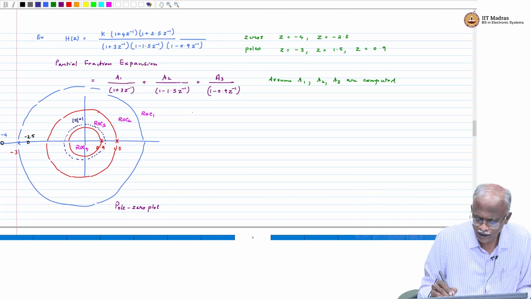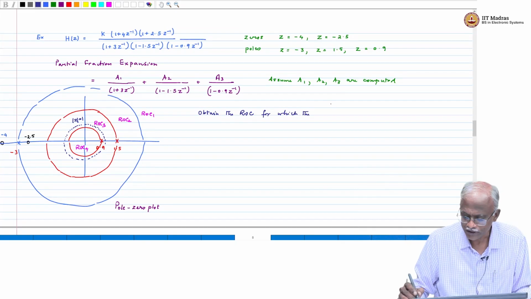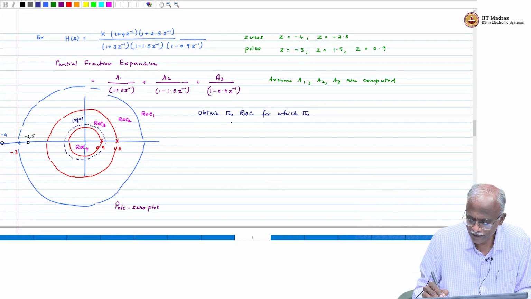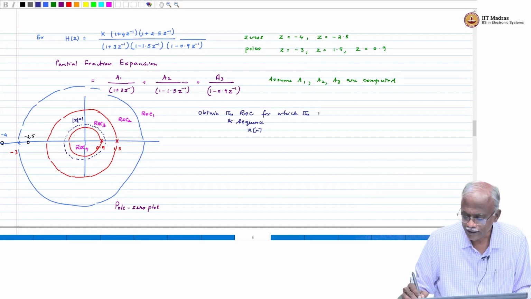The first task is to obtain the ROC and the sequence x of n for which the DTFT exists.